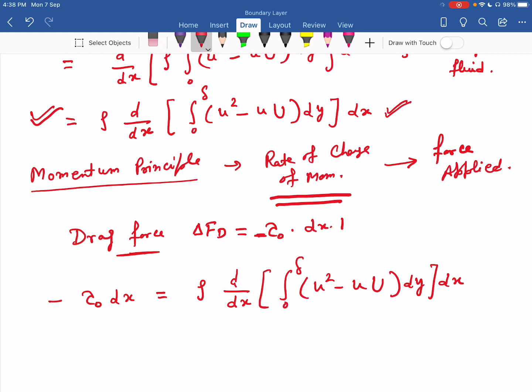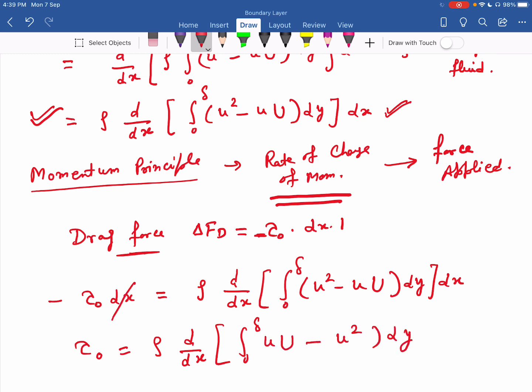So from here you can find τ0. Now reverse these two terms. So τ0 is ρ d/dx of ∫ from 0 to δ of (uU minus u²) dy, and dx cancels on both sides.